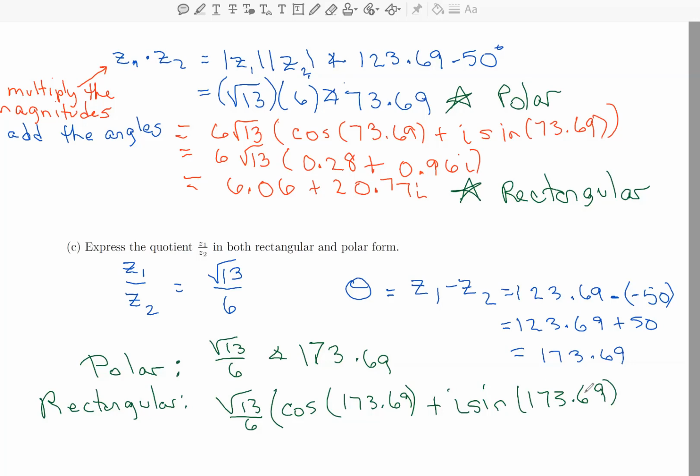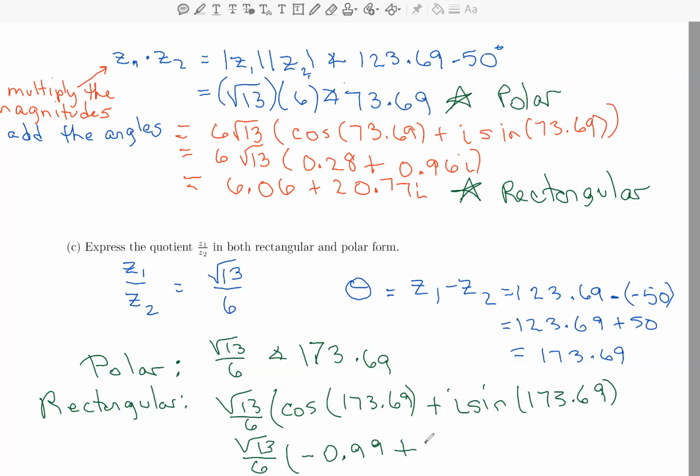I'm going to put this into my calculator. The cosine of 173.69 is equal to negative 0.99.